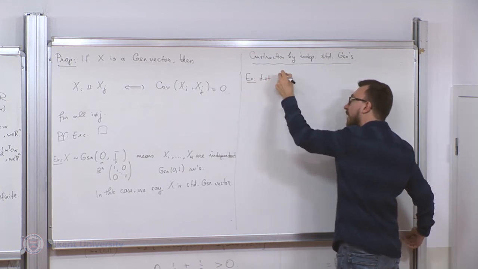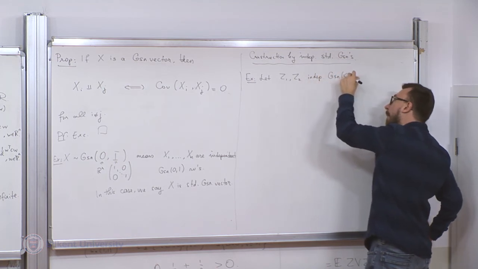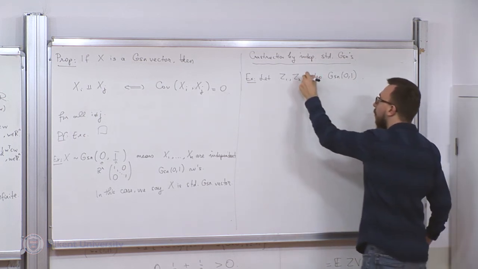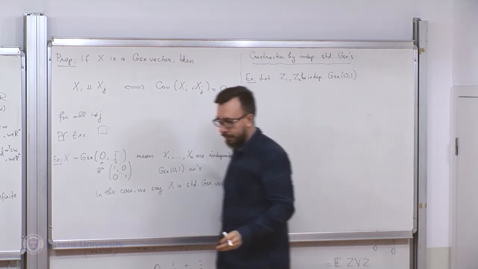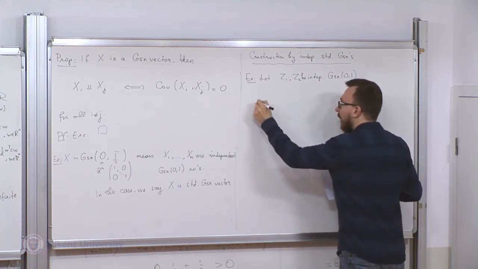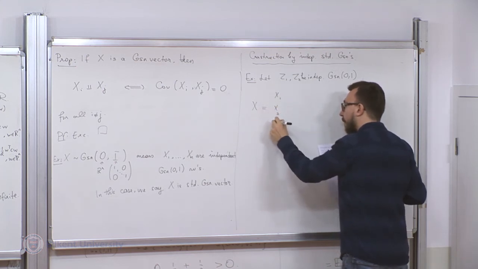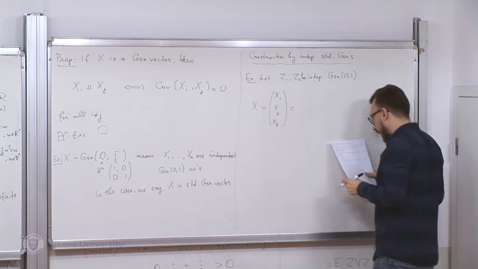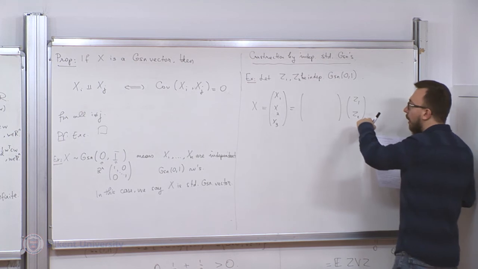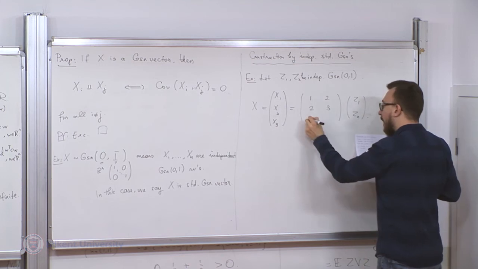So let's say we have Z1, Z2, independent Gaussian 0, 1s. And I'd like to define a vector, let's say X1, X2, X3, by multiplying this Z1, Z2 with a matrix 1, 2, 2, 3, and -3, -1.